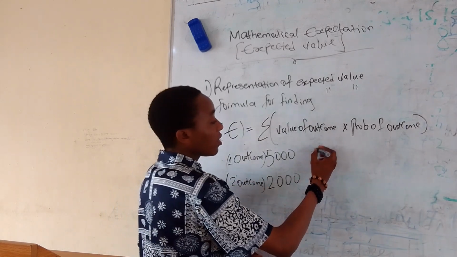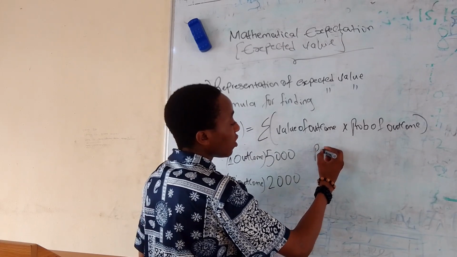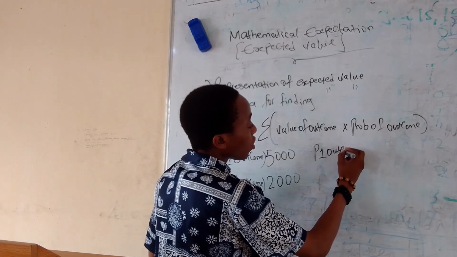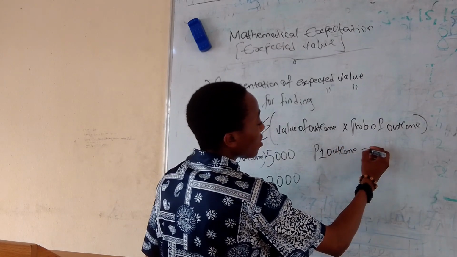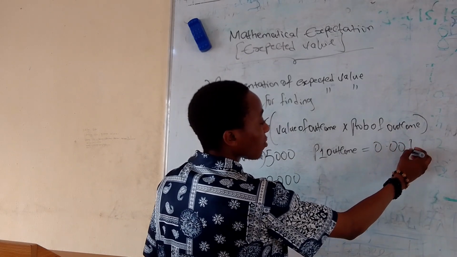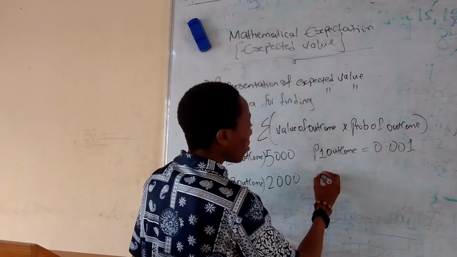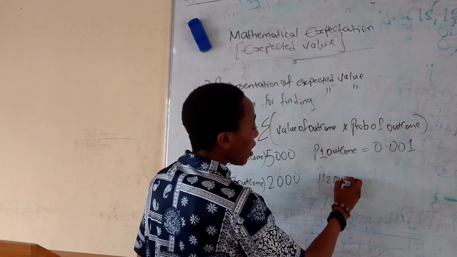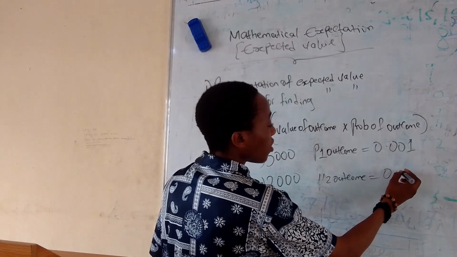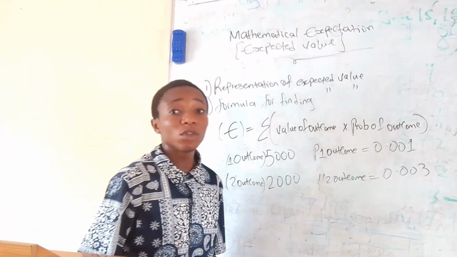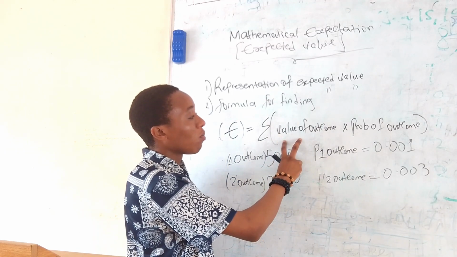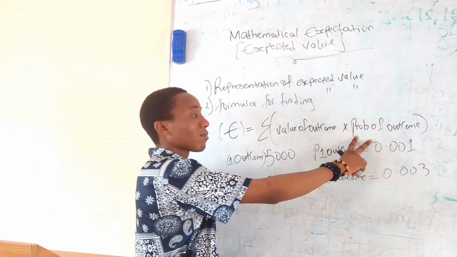Now, the probability for the first outcome is equal to 0.001, while the probability for the second outcome is equal to 0.003.